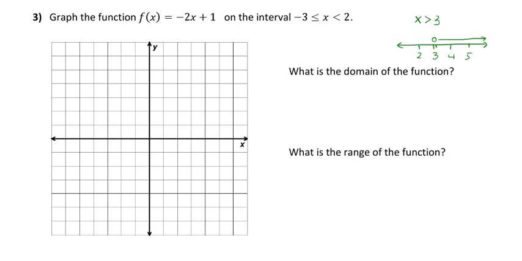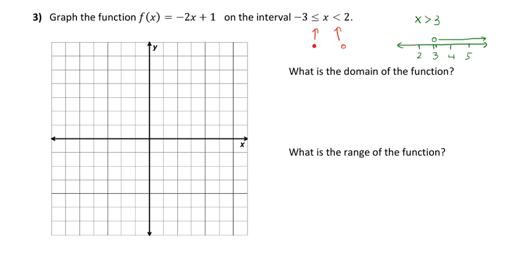So that is something that we do have to remember. If we have an equal, such as greater than or equal, less than or equal, we use a closed circle. But if we have a less than or greater than, we use an open circle, which means the number is not included. Here it means the number is not included.